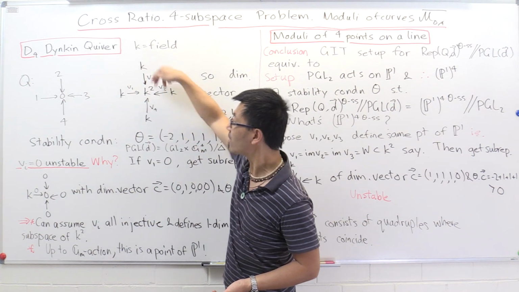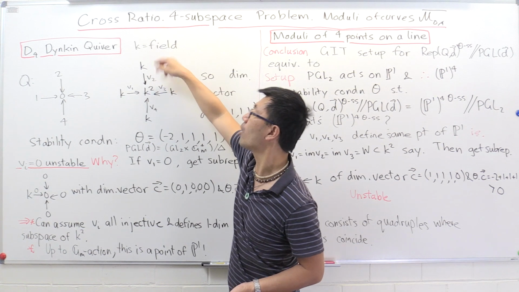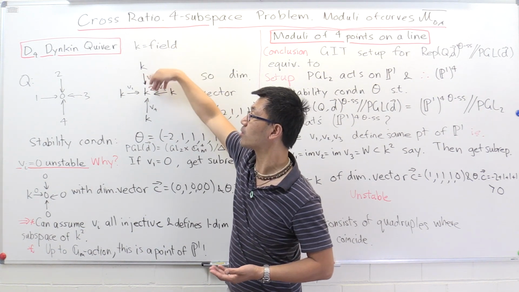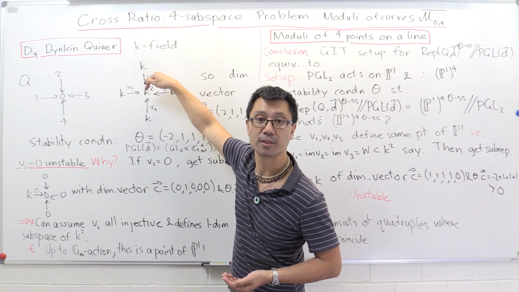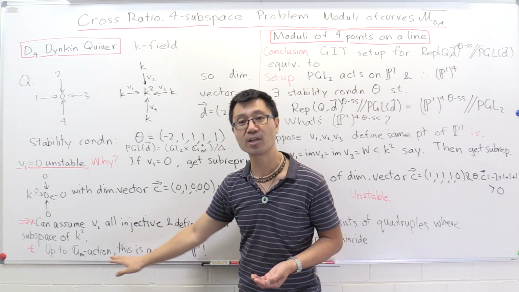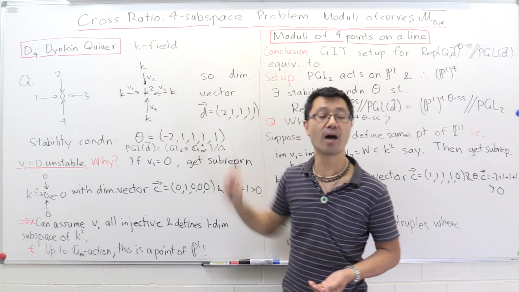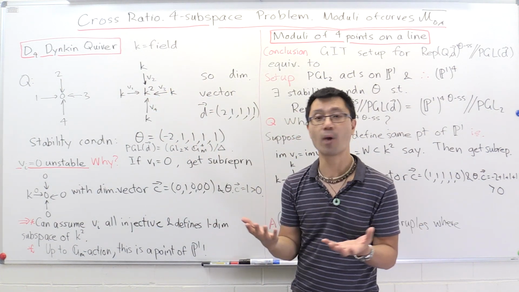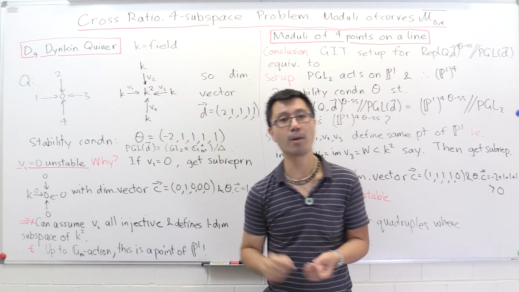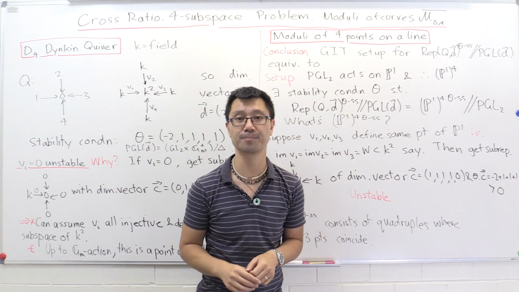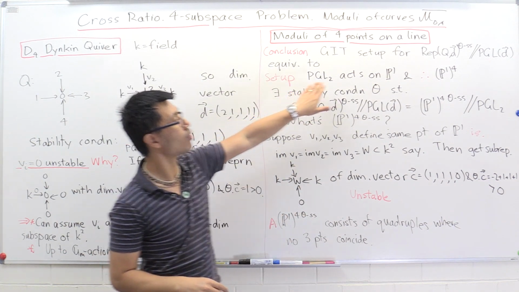That means that essentially the data that's involved, once you mod out by this scaling by GM, is precisely just the one-dimensional subspace that's the image. So up to this GM action, these are just giving you 4 points inside the projective line. And that's the way we'll pass from this algebraic problem to this geometric problem of the moduli of 4 points on the line. Okay, so let's have a look at that.